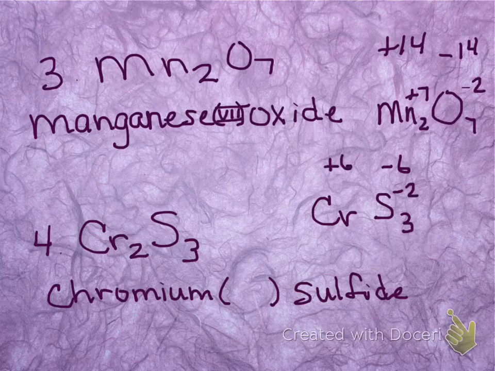Means our total positive charge has to be +6. How many do we have? We have 2 chromiums. So what does each chromium have to be? 2 times what is +6? +3. 2 times +3 is +6. So our charge has to be +3. Okay, that's the hard part.